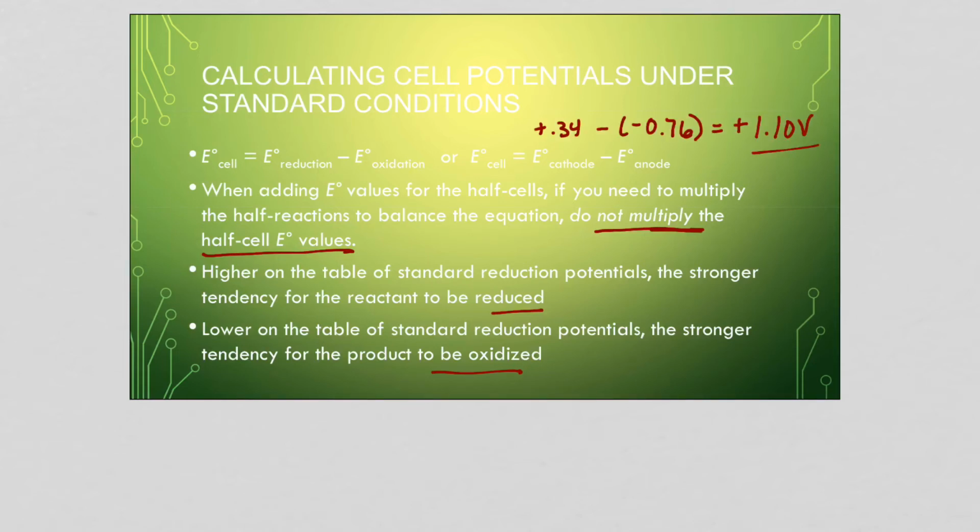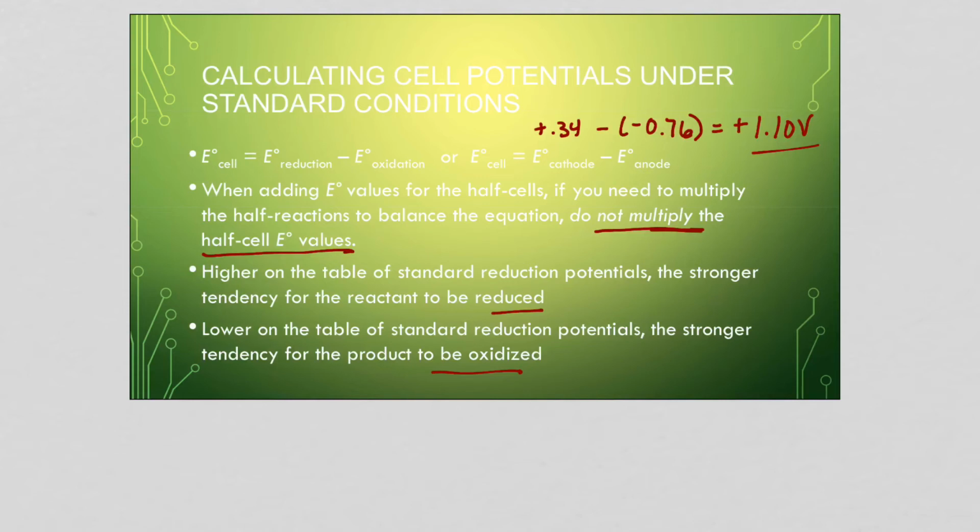Okay, so let's just close out this little section by using this formula to figure out the cell potential for this zinc copper cell that we have. If we take the reduction potential of our cathode, remember that's the copper, so that's a positive 0.34 volts in our table, minus the reduction potential of our anode, a negative 0.76.